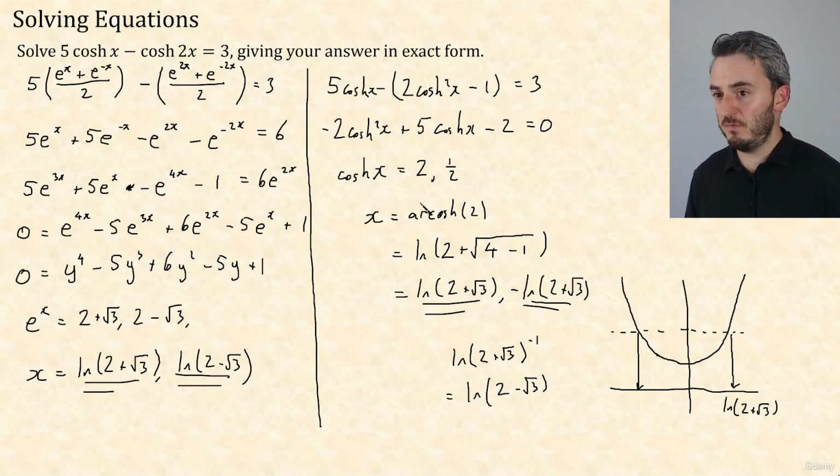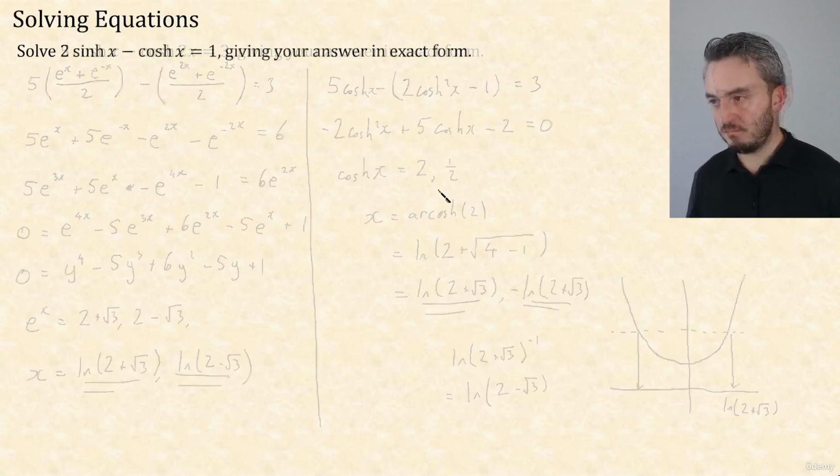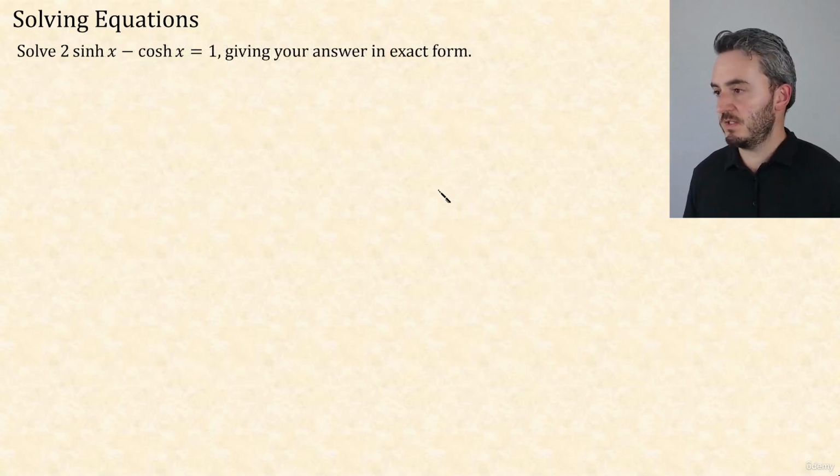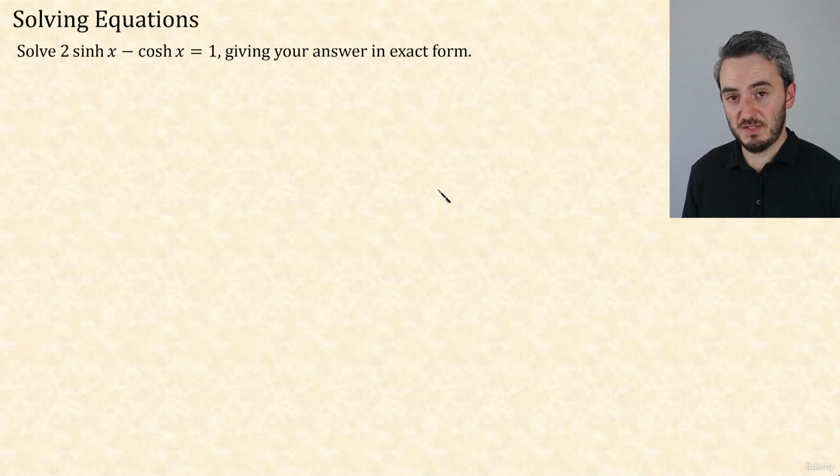But I think, hopefully you agree, it's a little bit easier to keep it all in terms of cosh for a bit longer. Far less ink on the side and far easier mathematically. Now, here's an example, 2 sinh x minus cosh x equals 1, where we can't easily keep this in our hyperbolic functions.